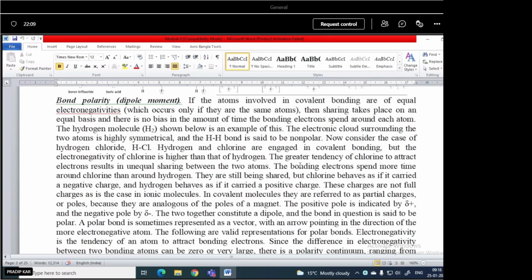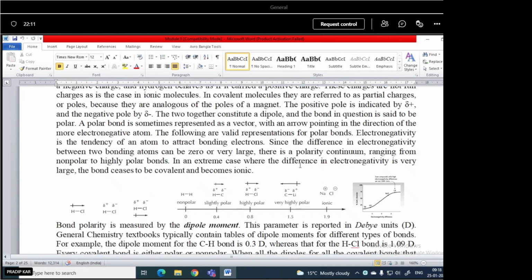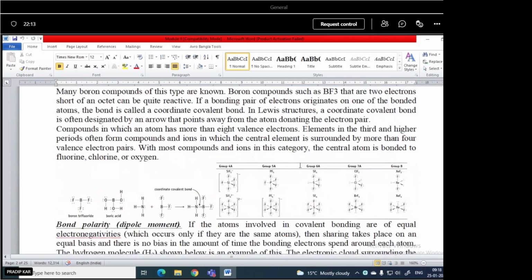Now, in the case of covalent compounds, say for hydrogen, an H-H bond is formed. In hydrogen, the bond polarity is 0, or there is no bond polarity. Bond polarity arises due to the electronegativity difference between the two centers or two atoms.